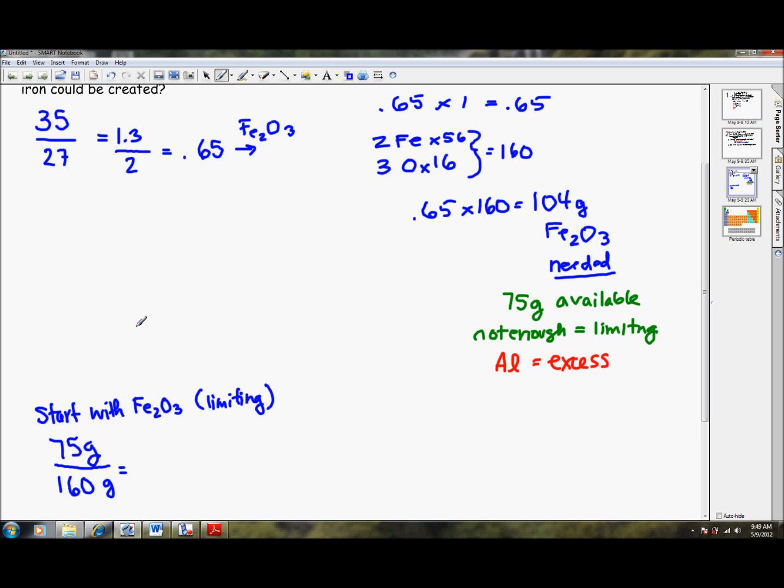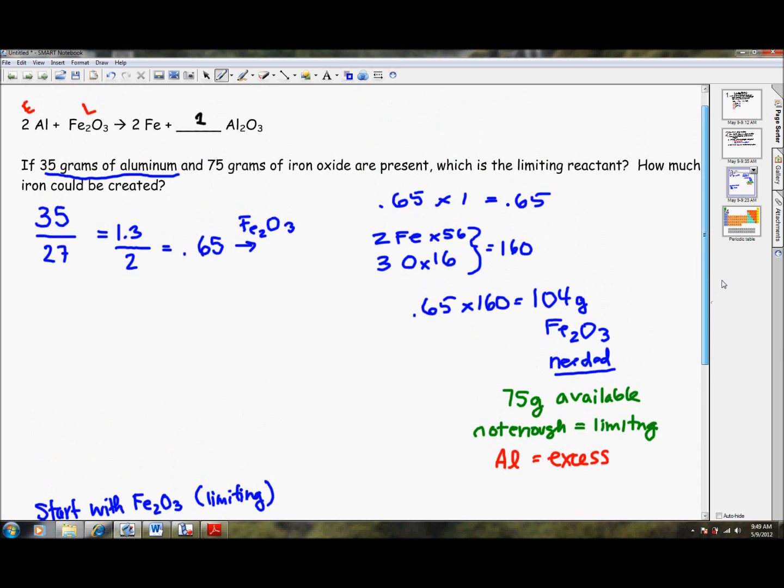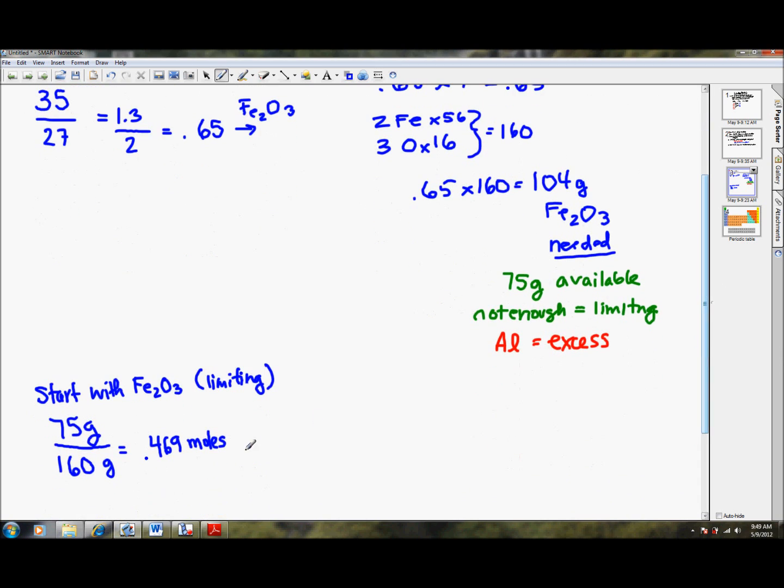So that is 0.469 moles. And it's 1 Fe2O3, so that's divided by 1. 0.469.